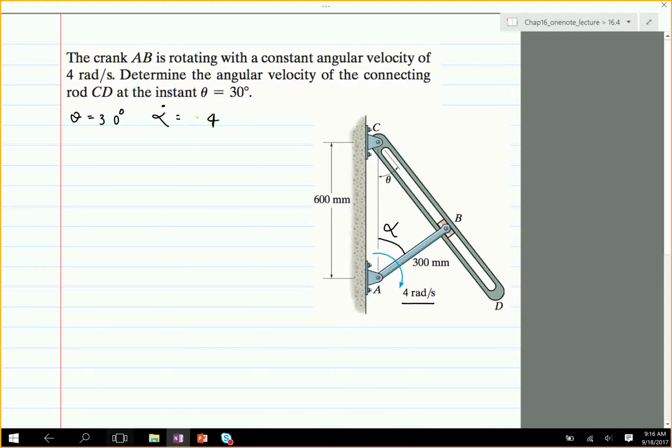I'm going to put a negative sign just so that I know that's negative: things going clockwise are negative, and things going counterclockwise are positive. Then I'm also asked to find the angular velocity of the connecting rod CD. The angular velocity is simply theta dot. That's the unknown.